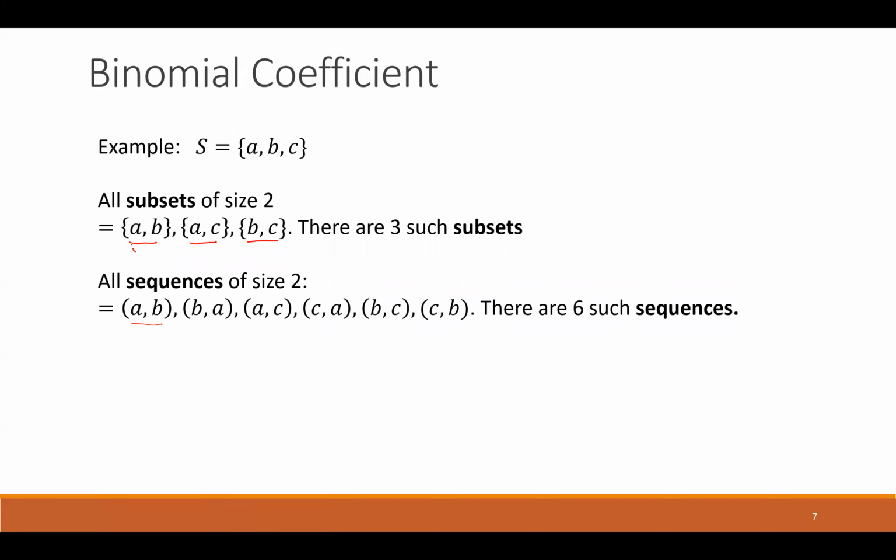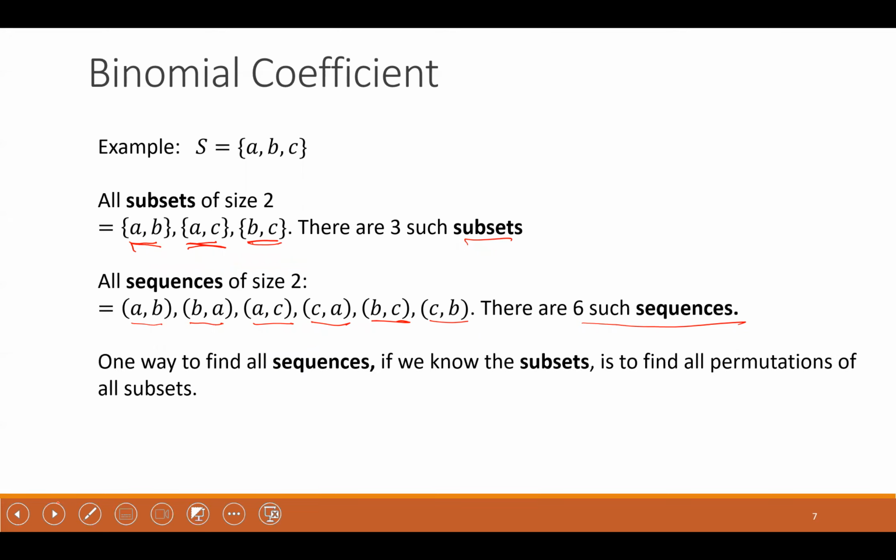I have AB, the same as before, but now the order matters. So I can reverse the order and I count another one. I have AC the same as before, but now I also have to count CA. And I have BC the same as before, but I also have to count CB. So I have 3 subsets of size 2, but I have 6 sequences of size 2.